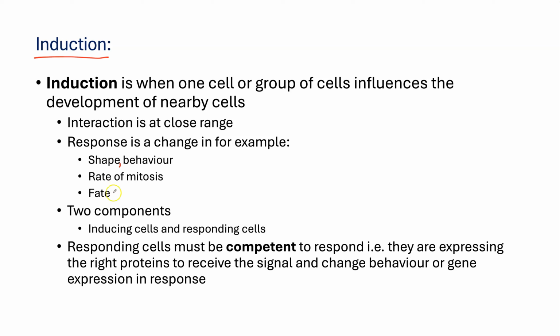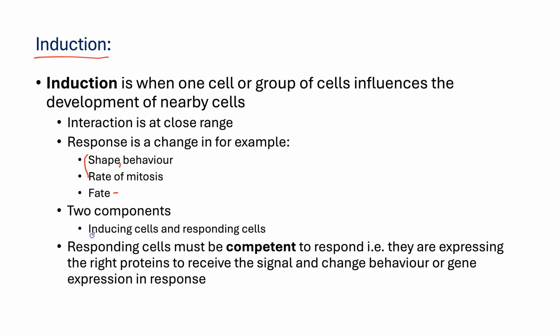And then, of course, among all of this are changes in cell fate. So the idea is you've got this group of cells sitting there, but when they receive information and signaling from nearby cells, they are induced to alter their fate and then maybe become part of the nervous system or part of the muscle system or something like that.